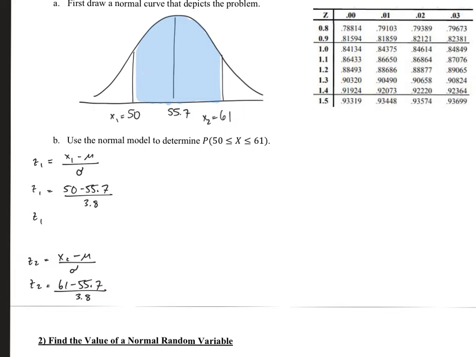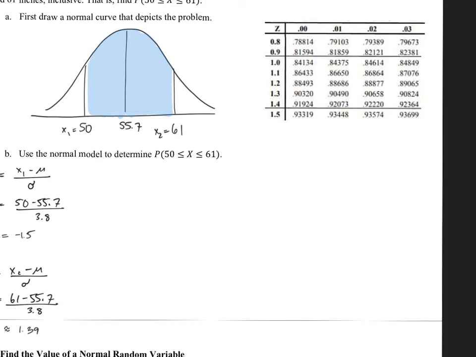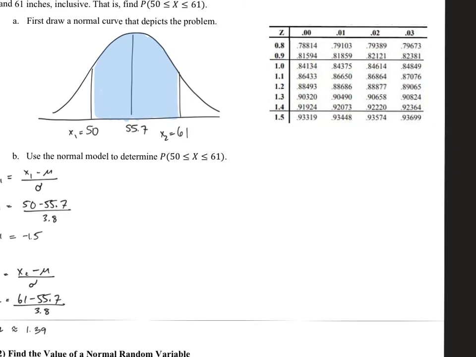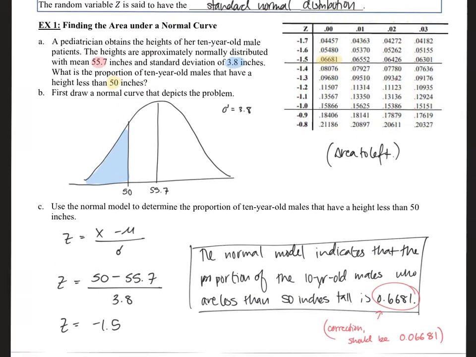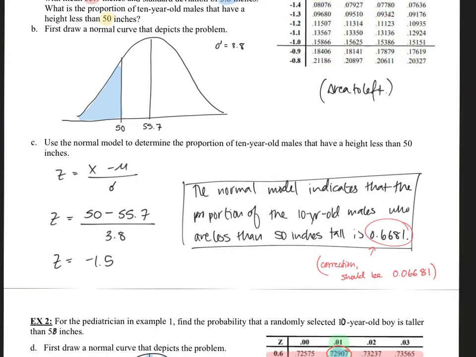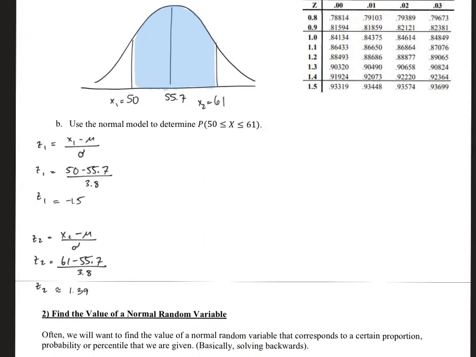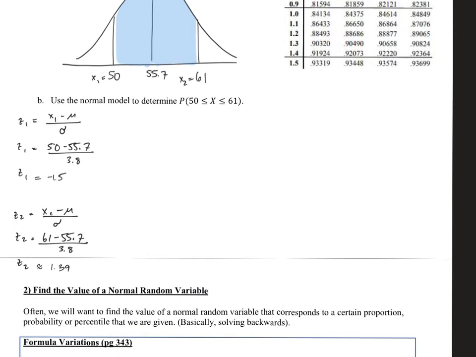So what values do we get for our two z's? All right, so those are the values that we have. We did find the z-score for this answer right here back in the very beginning, which was 0.6681. So I'll write that down. Then the proportion for this is 0.06681.